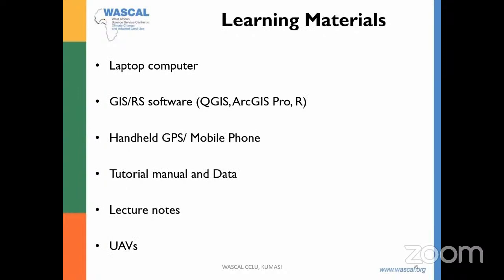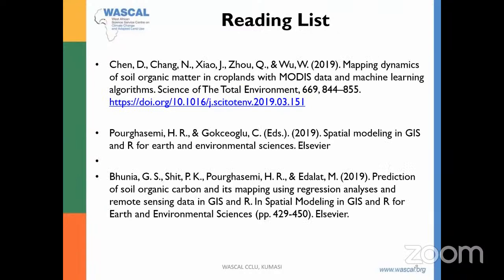Some of the learning materials we'll be using: we'll need any computer, either desktop or laptop, which can run GIS and remote sensing software, some examples being Quantum GIS, ArcGIS, and R. Handheld GPS or mobile phones can also be used in picking sample locations, and the others as seen on the screen. These are some reading lists to aid our understanding of this section.